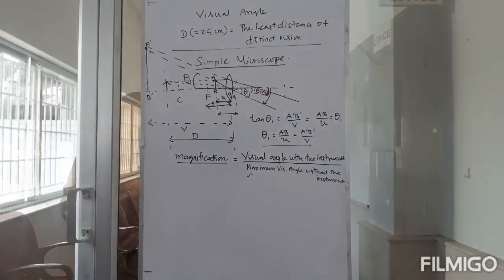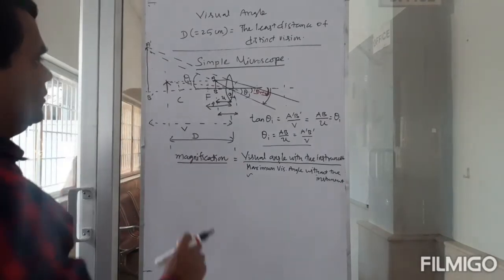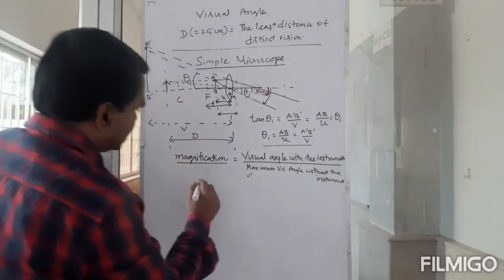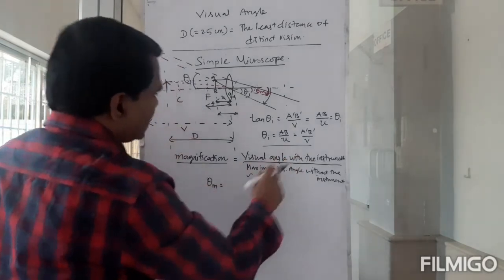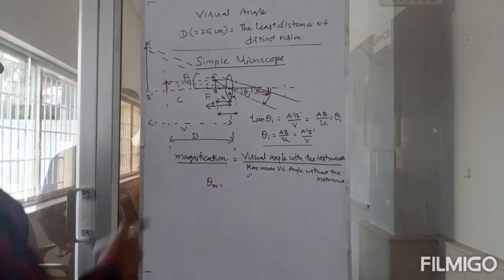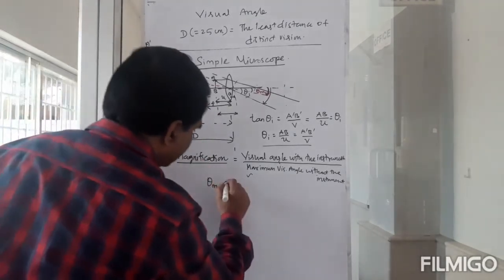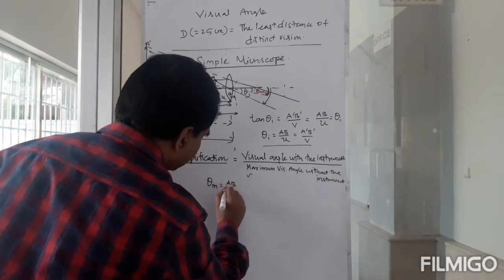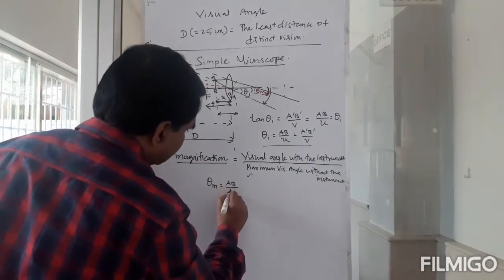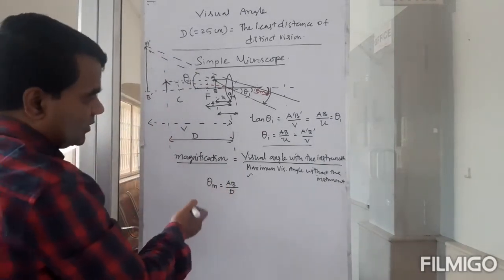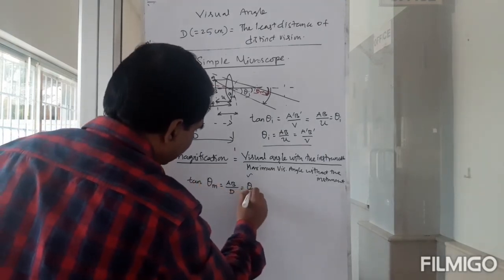Now, what is theta m? Theta m, or theta naught, let's use theta m, the maximum visual angle without the instrument, is going to be this height AB divided by D. It's actually tan theta m, and that is also equal to theta m.